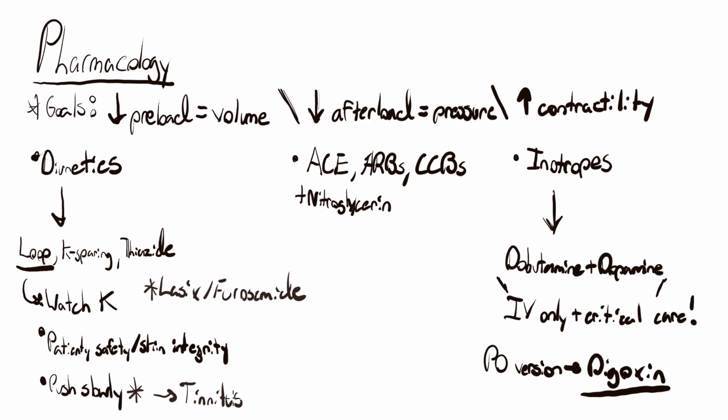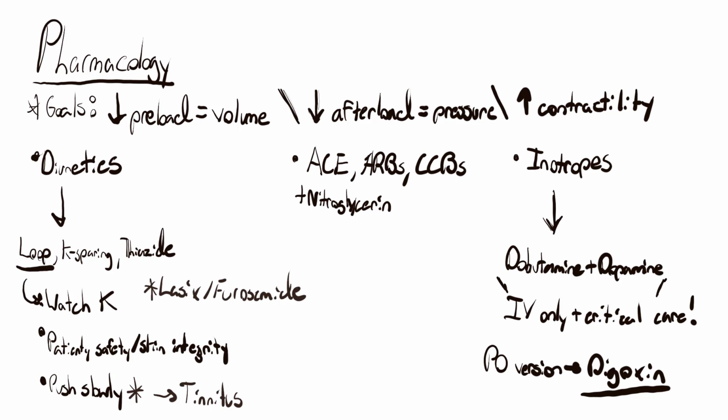And by reducing blood pressure, they're reducing that afterload. They're reducing the pressure that the heart has to overcome to push out all of that blood. So patients are usually going to be on one of those, and in some cases their CHF is caused by hypertension, so they're already on one of these medications.